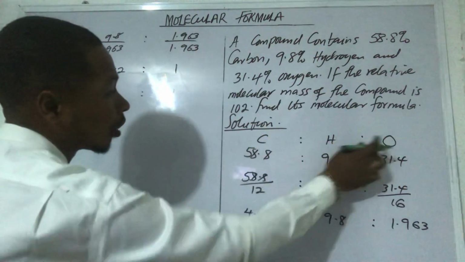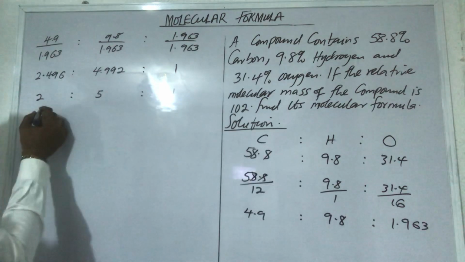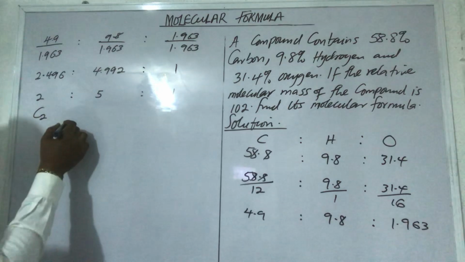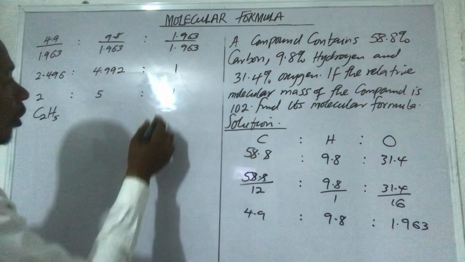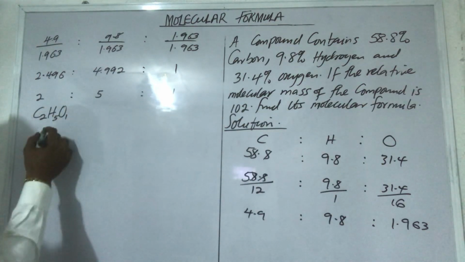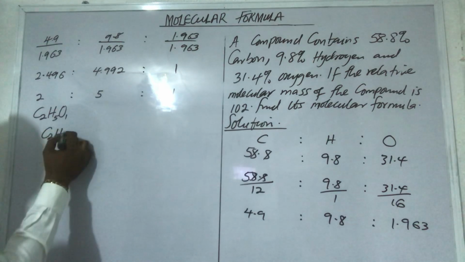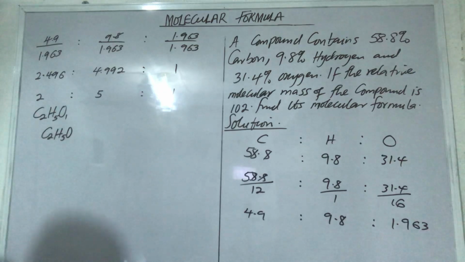Then write this now against their respective ratios. Carbon is 2, hydrogen is 5, then oxygen, O, is 1. You may not include the 1 again, which means C2H5O. That is the empirical formula.